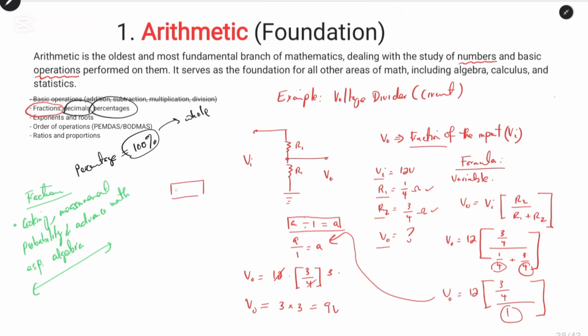In this voltage divider circuit, we have 12 volts coming in and 9 volts coming out. So we know that this voltage divider is responsible for dissipating 3 volts. This 3 volts is the loss within these two resistors to produce the 9 volts.